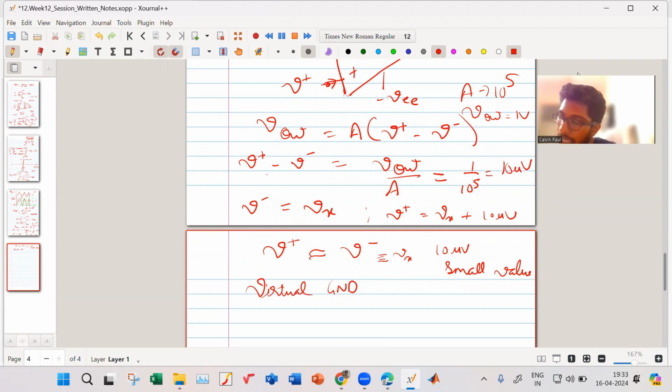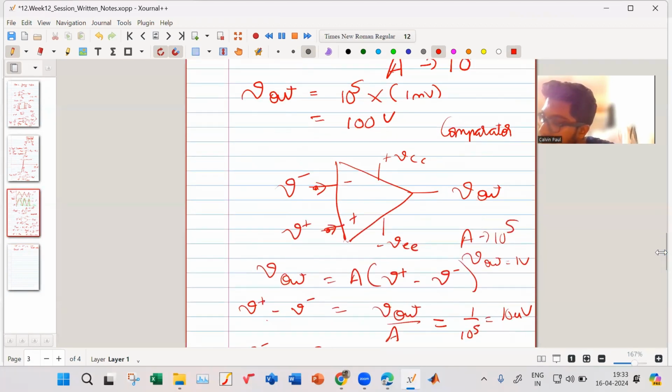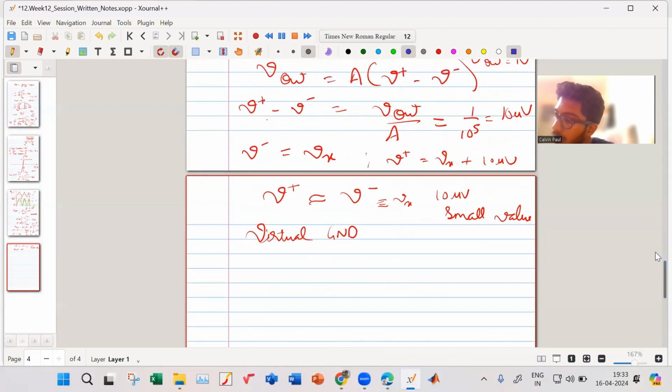It's a good engineering approximation that whatever is the voltage over here is going to be the voltage over here as well. I can make this assumption and solve my sums. This assumption is known as the virtual ground concept, and it is very useful when you are solving sums.